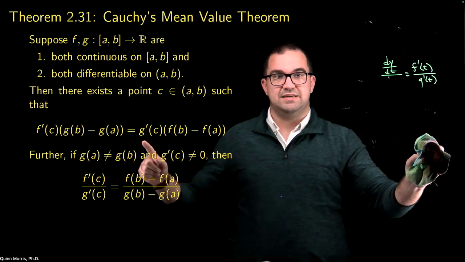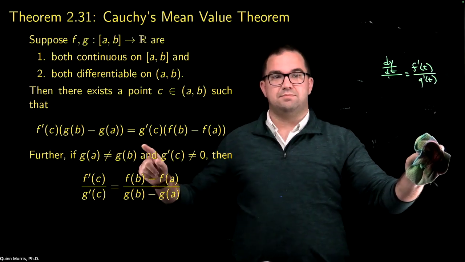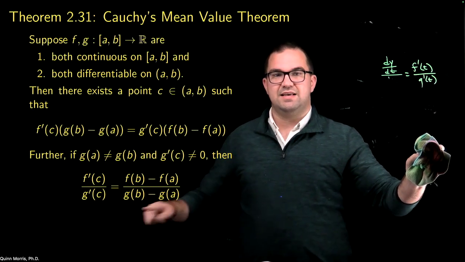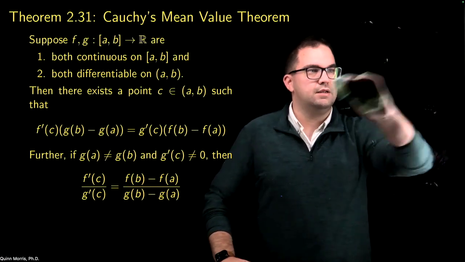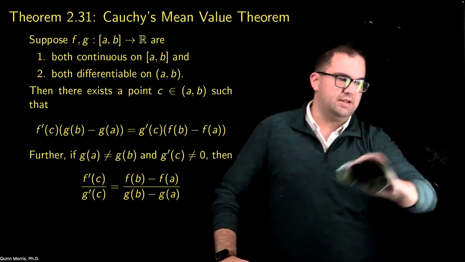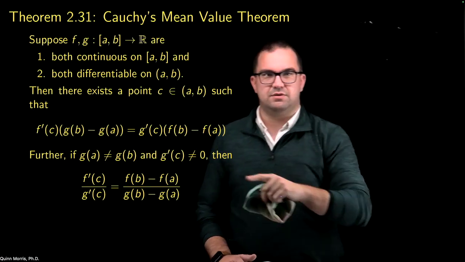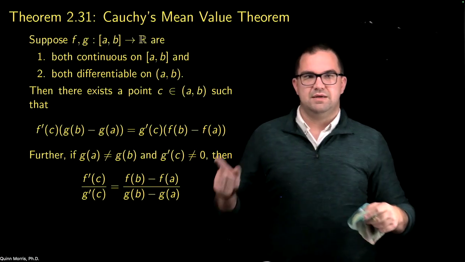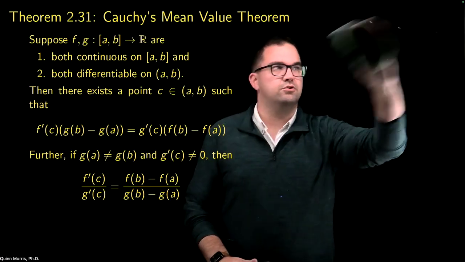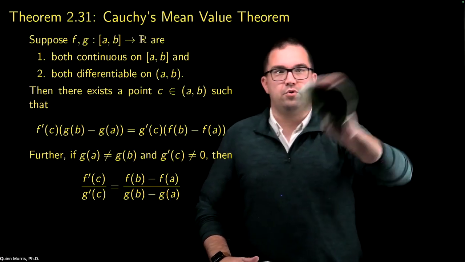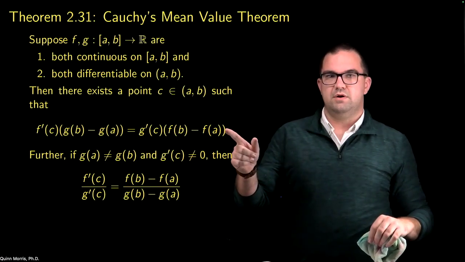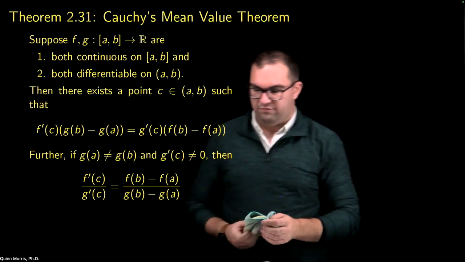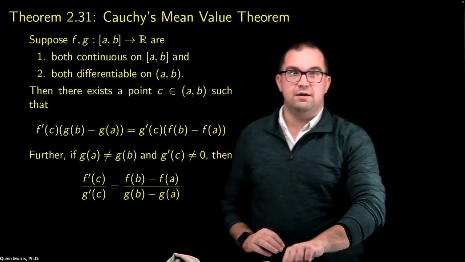And if g prime of c is not zero, then I can divide both sides by g prime of c. And this is just the transformed version of that earlier equation. So this second piece of the theorem is an immediate consequence of the first. To prove the full mean value theorem, we only need to prove this statement here, and then the second follows almost immediately.